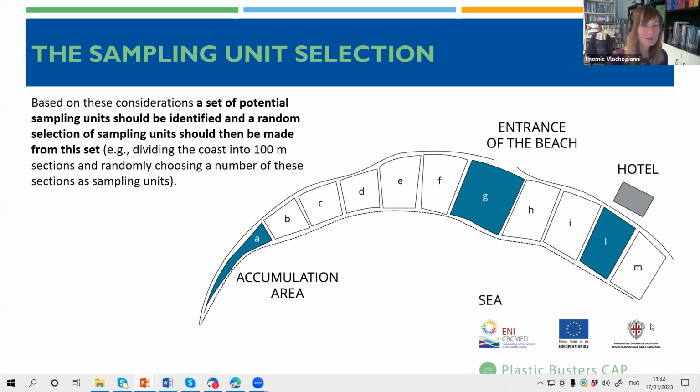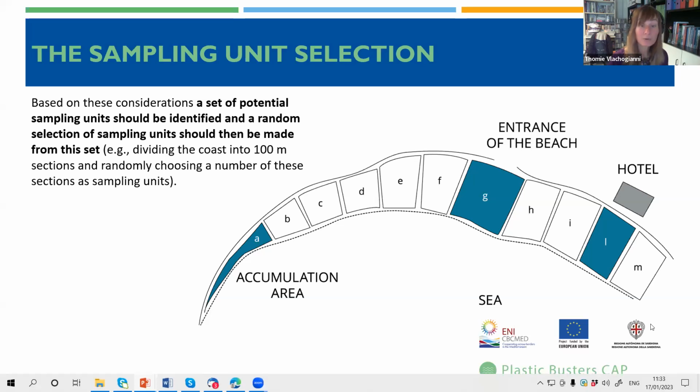In this example, you can see that we have a long beach with around 10 100-meter stretches, represented by the letters A, B, C, D, E, F, etc. If we divide the coast into 100-meter sections, we are going to exclude from a potential location for the sampling unit section A, which is at the edge of the beach, where the beach becomes narrower and it would most probably have a higher chance to accumulate litter.